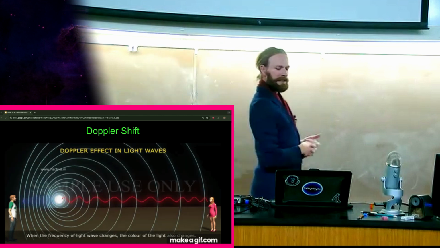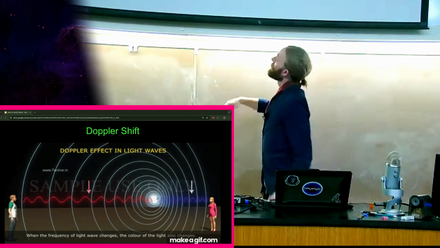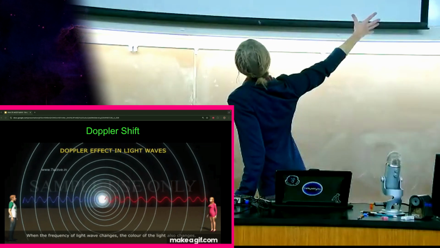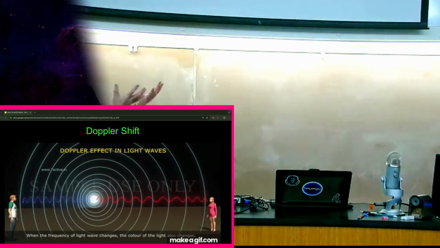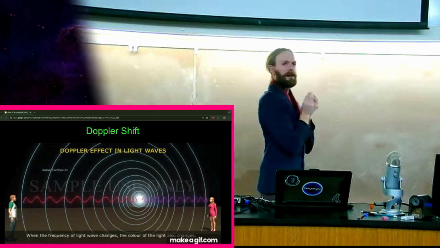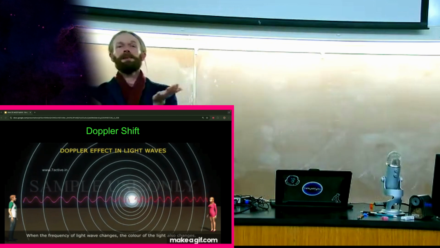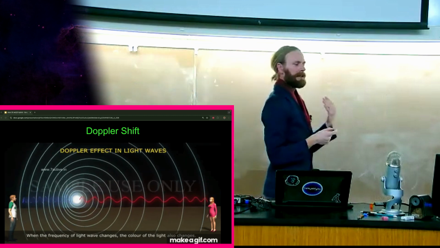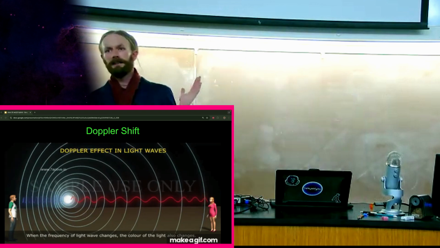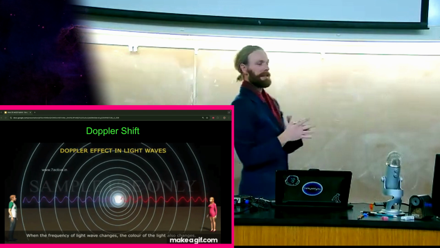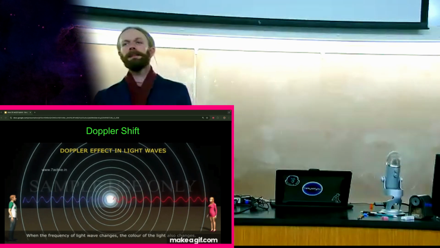The basic idea is this: let's say this motion is relative, but as this observer over here sees this light source come towards them, they're going to experience more of those peaks and troughs of the light waves than they would otherwise if it was stationary. And their experience of having more of those peaks in a shorter amount of time is going to give them the illusion that it is a shorter wavelength. In other words, that it's a higher frequency, there are more waves per unit time, and they're going to perceive it as being slightly bluer.